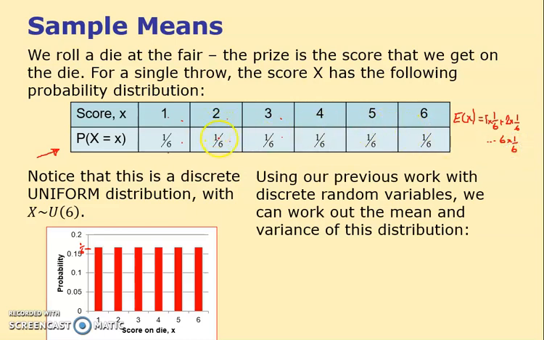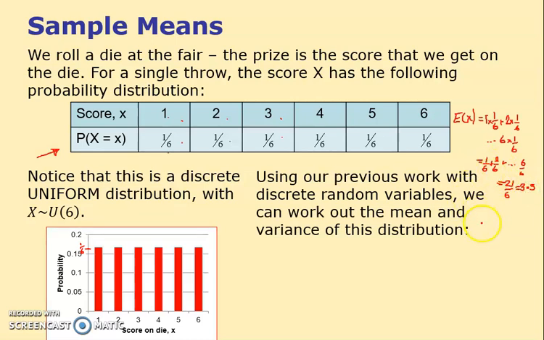You're going to get 1 sixth, 2 sixths, 3 sixths, all the way up to 6 sixths. Those numbers add up to 21, so that must be 21 over 6, which is 3.5.